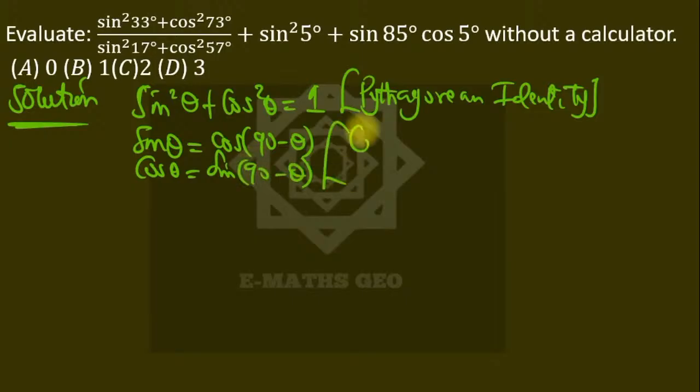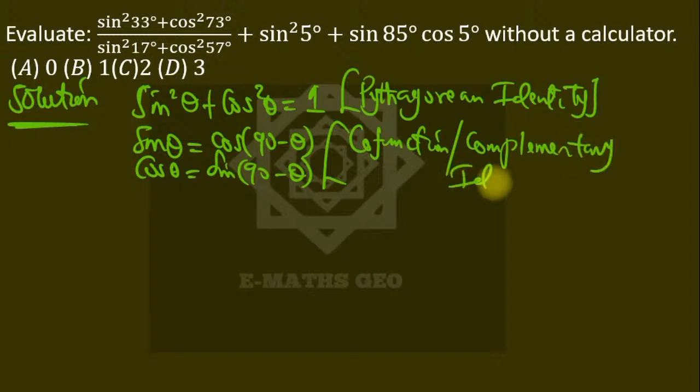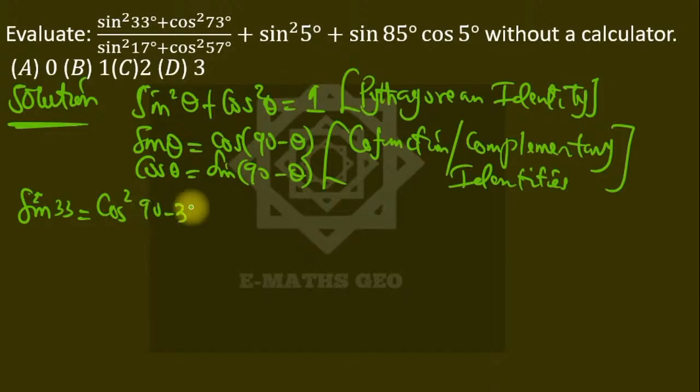So this is called cofunction or complementary identities. That's what you're going to use in solving this question. From here, you can see that sine squared 33 is the same as cos squared 90 minus 33, yes.